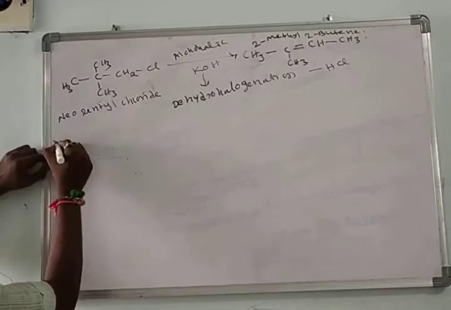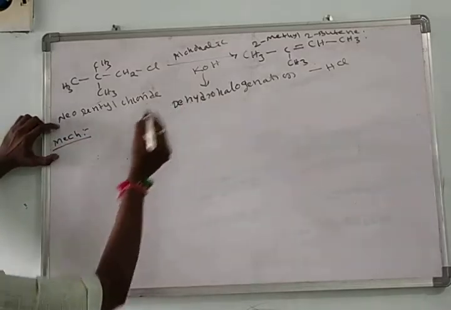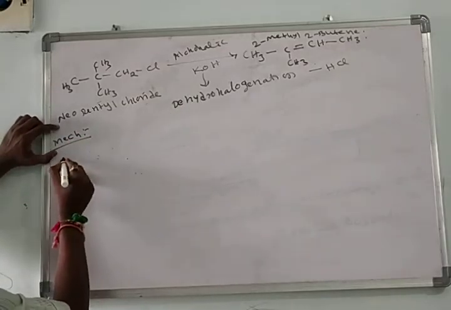Here I will write the mechanism for this. Alcoholic KOH is the dehydrohalogenating agent.